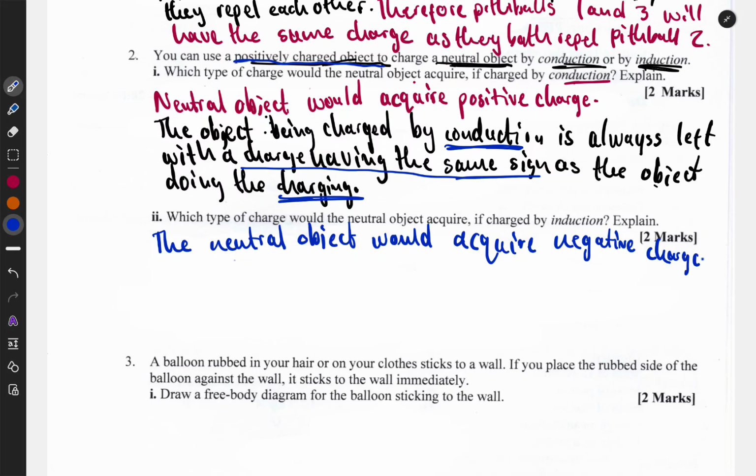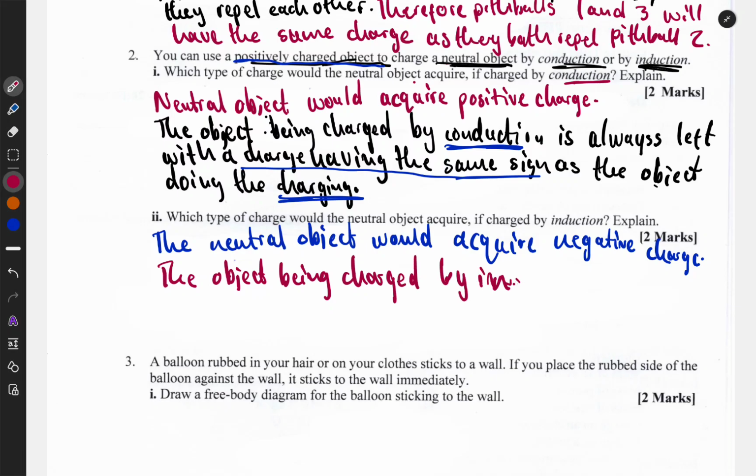The other mark is that you have to explain why. Because the object being charged by induction, you should write that.